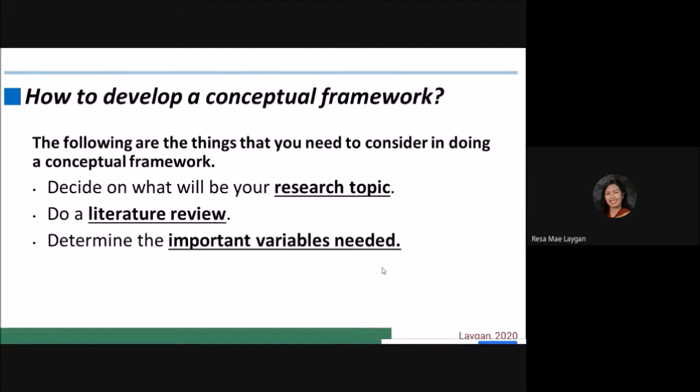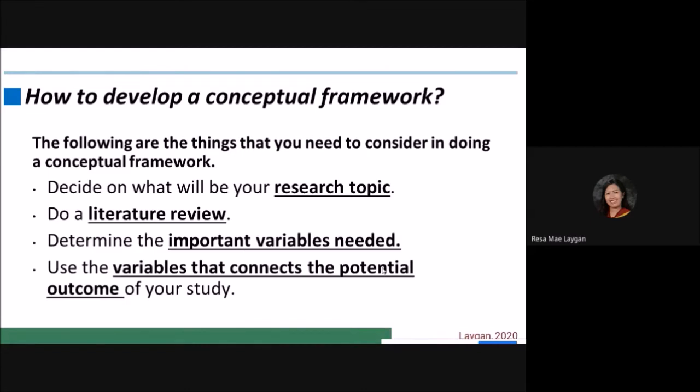Then determine the important variables needed by your research topic, or the variables that are connected to your research topic, and use those variables that connect to the potential outcome of your study. So in developing a conceptual framework, it is really necessary to identify what variables you are going to use in your study.